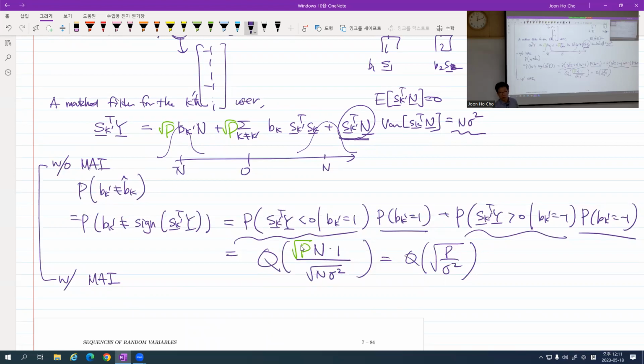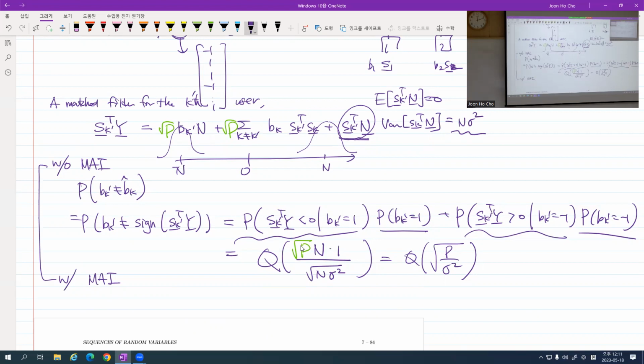We invoke the central limit theorem. So what we do is that we properly normalize this term and show that, after normalization, it converges to a Gaussian random variable.